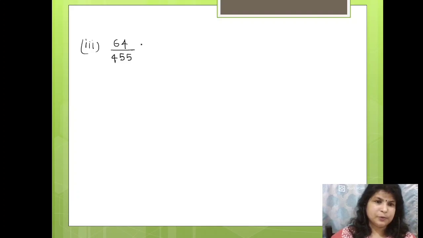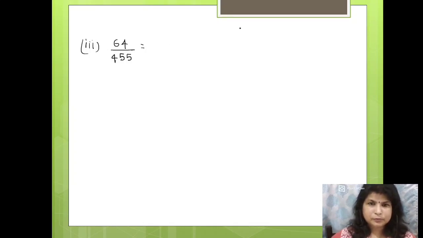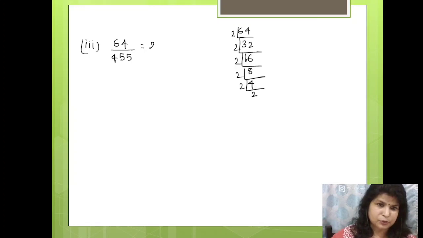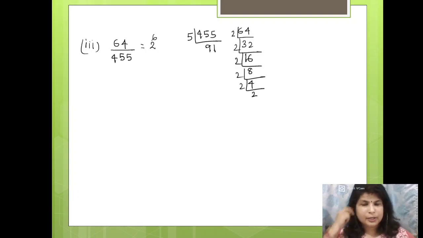Okay, so 64, that is equal to 2 to the power 6. Let us factorize 64, why keep confusion. 32, 2, 16, 2, 8, 2, 4, 2, 2, 1, 2, 3, 4, 5, 6, correct. 2 to the power 6, that is what I was saying. So now 455 divided by 5, so you have 91.